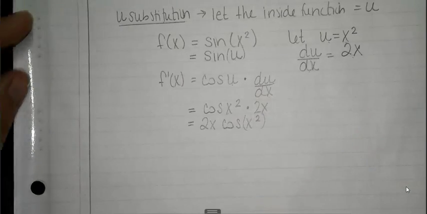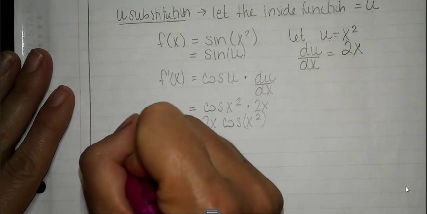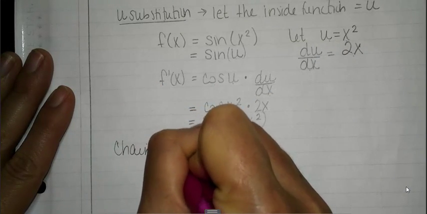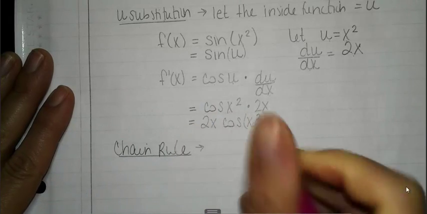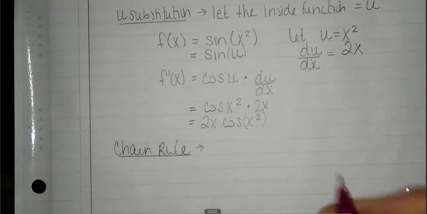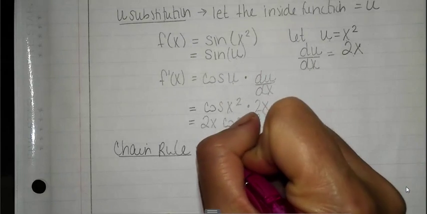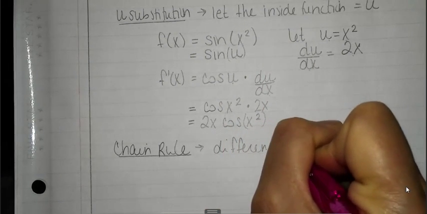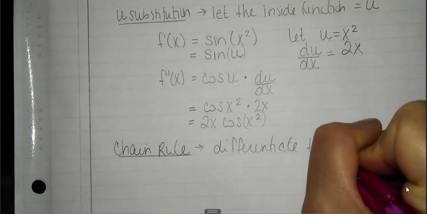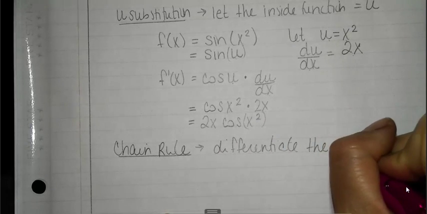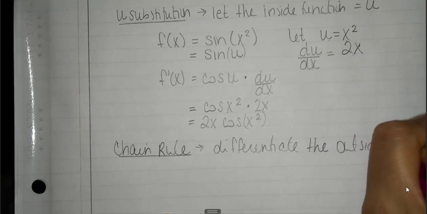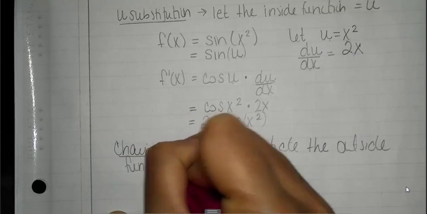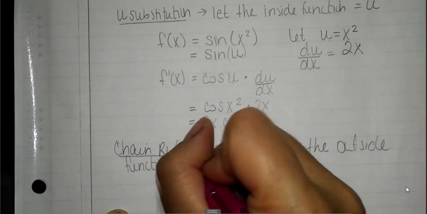All right, so let's define the chain rule. I'm going to give you a very basic description. So the chain rule basically says you're going to differentiate the outside function while the inside stays the same.